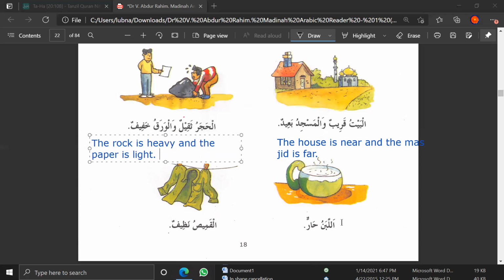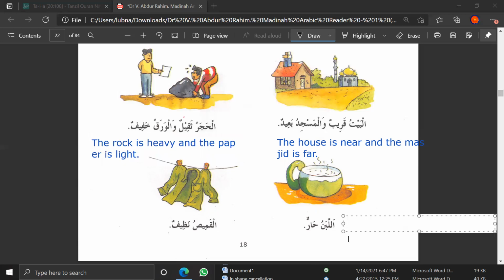Do you see smoke coming out of this cup? So can you translate? Al-labanu harun. The milk is hot. Excellent.